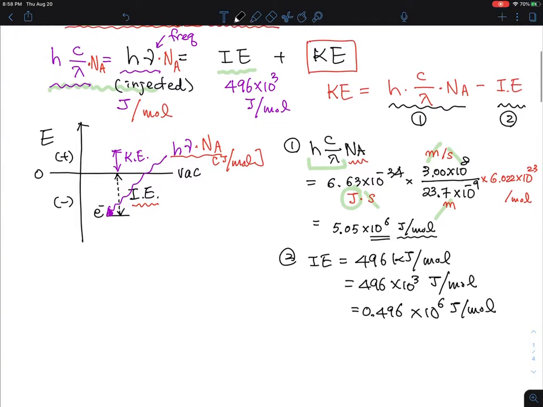So the kinetic energy is 5.05 minus 0.496, multiplied by 10 to the 6 joule per mole.